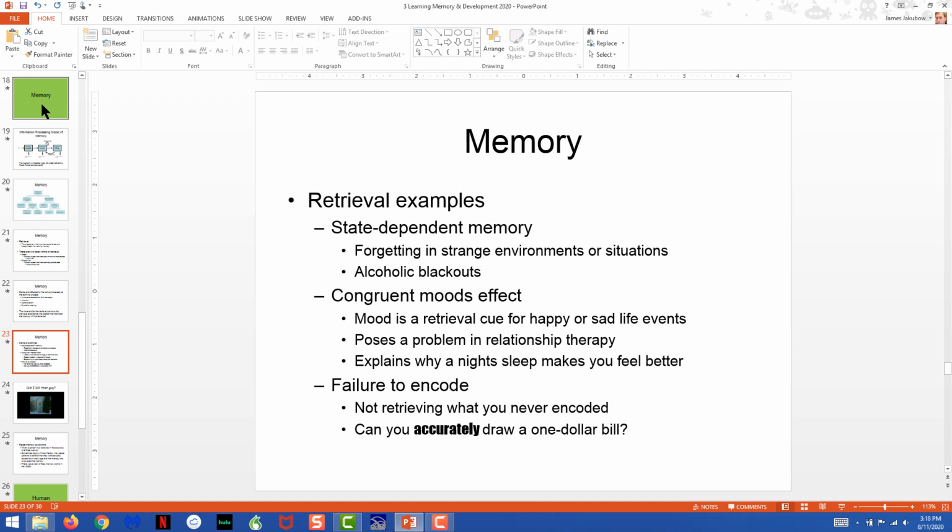Oftentimes you see this in therapy for relationships. If a couple goes to marriage therapy because they're having trouble getting along, it is by definition telling you that they're both unhappy, which means they're going to be more likely to remember negative events about the other person, or even to take neutral events and re-describe them as negative.